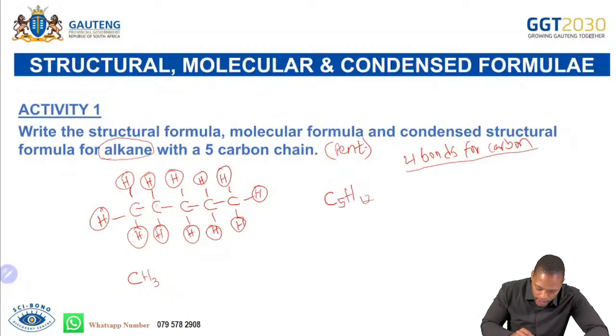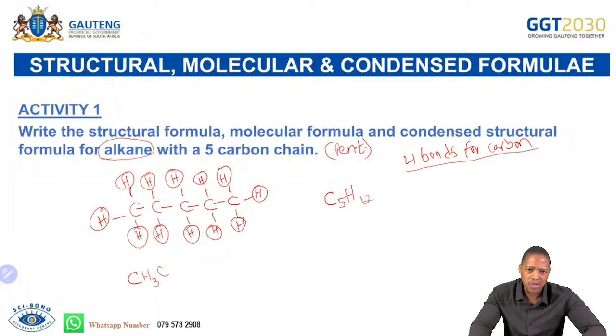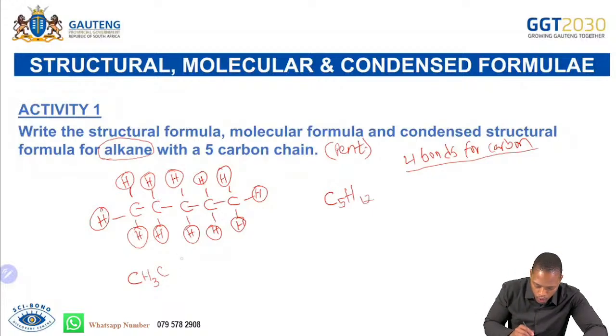Okay, and then here we come and say we have another C. Now we're no longer indicating the line there, even though in some condensed structural formulas they do indicate it, but in some they don't. In most cases they do not, so expect that it's not going to be indicated. So you're going to have H here, and then you have 2. The 2 indicates there are 2 hydrogens. Then you are going to have H here, you have 2 again.